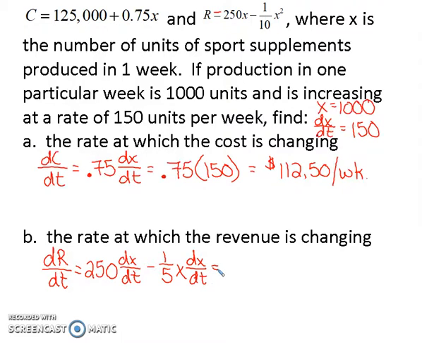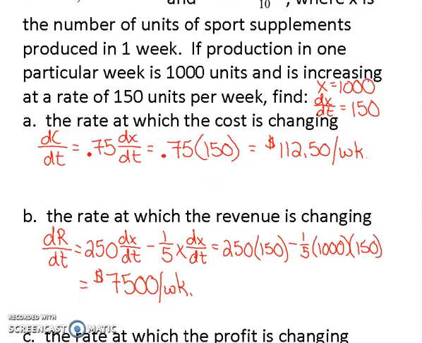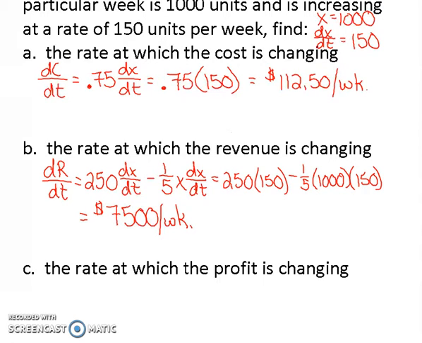And then if we substitute our values in, we get 250 times 150 minus 1/5 times 1,000 times 150. And so the rate of change of the revenue would be $7,500 per week. So the revenue would also increase, but it would increase by $7,500 in a week. So if you know anything about business, the revenue is definitely increasing a whole lot faster than the cost is.